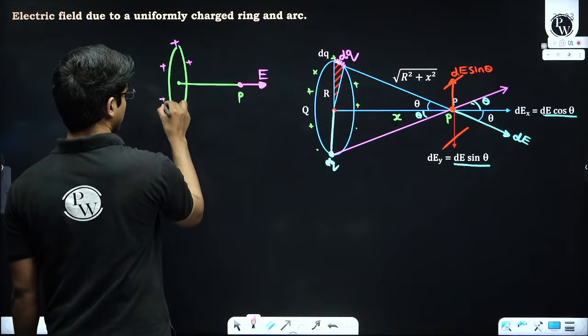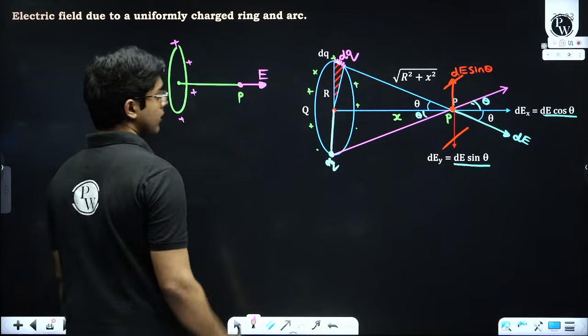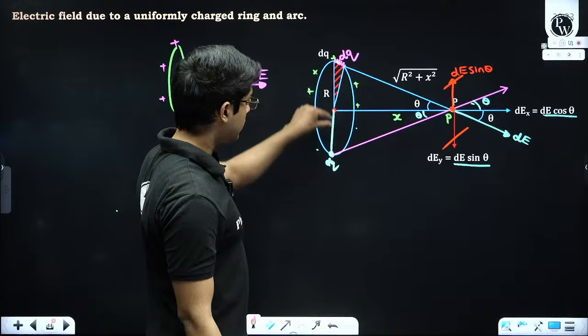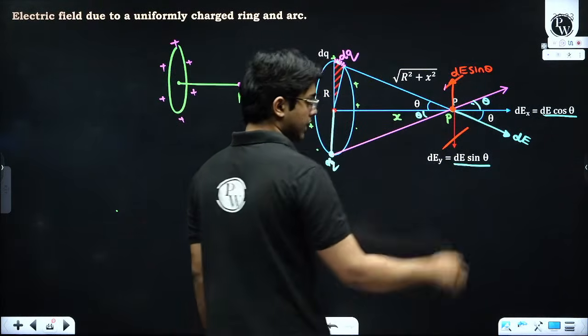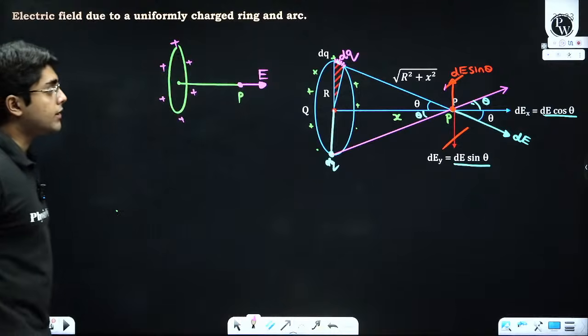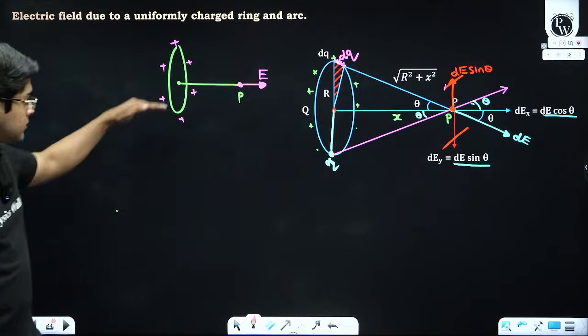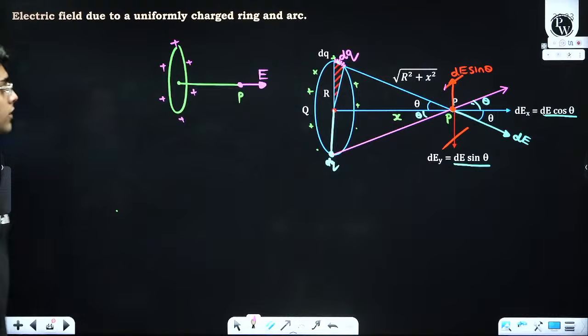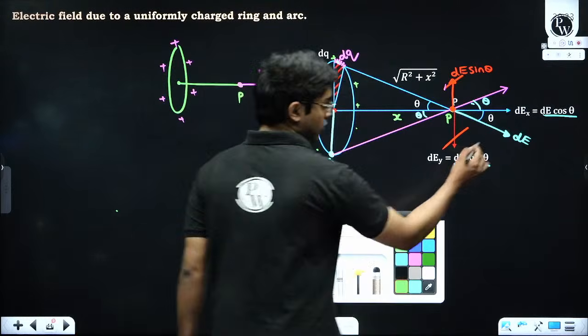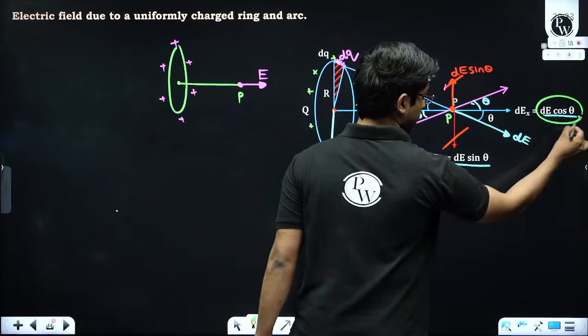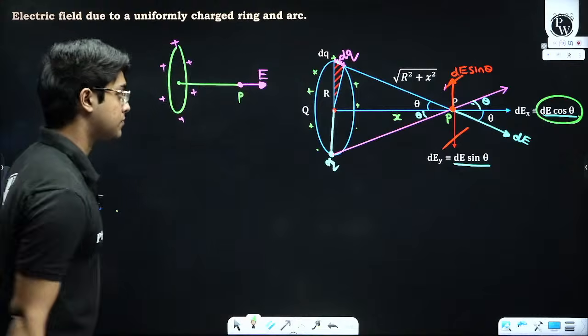The perpendicular ones cancel out. We demonstrated this by taking two dq charges, and we saw that the dE sin thetas get cancelled out. So only the dE cos theta survives, which means the net field will be in the direction of the axis. Now all you have to do is integrate this component, and you will get the answer.